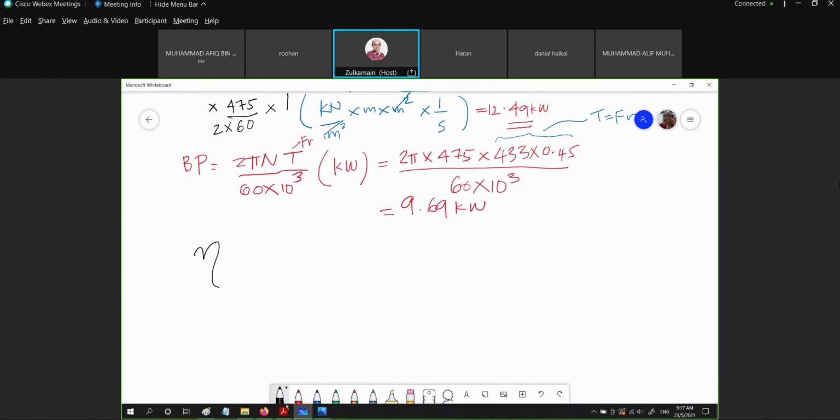So next is our mechanical efficiency. Okay, before that, I want to explain to you. Can we use this formula, BP is equal to PE LAN, divided by 2 because it's 4-stroke, to get the BP?